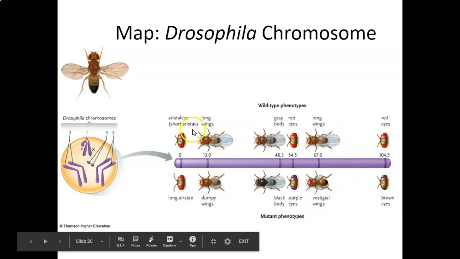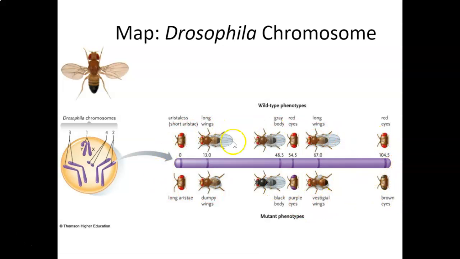And you can see the distance, okay? So you have 13 map units, 48.5, 54.5, 67 map units, 104.5 map units.